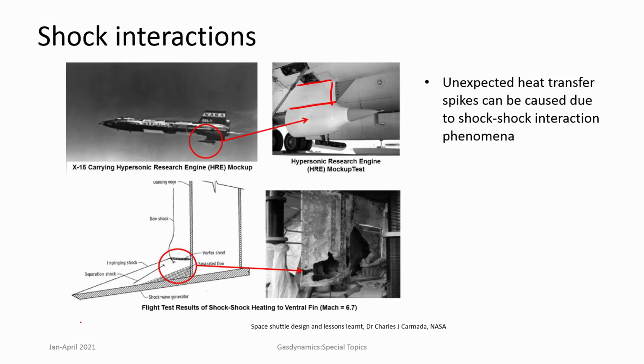For example, it is shown here that there is a shock from this experimental vehicle over here, while the pylon itself can have a shock of this kind, and these two shocks can interact with each other.